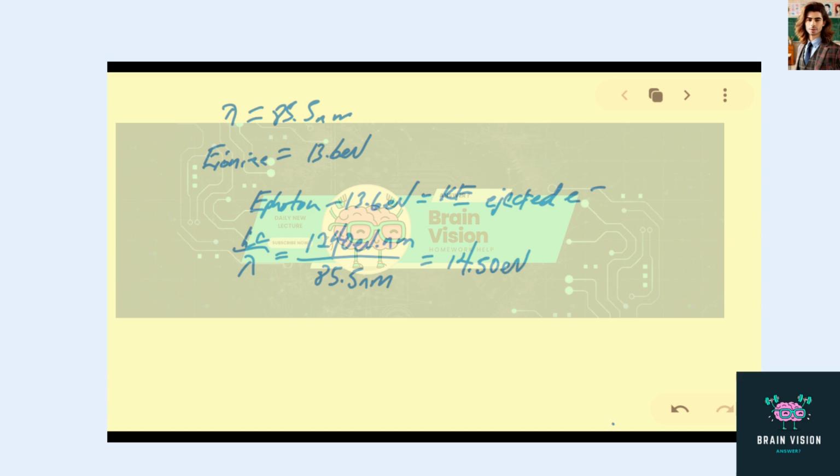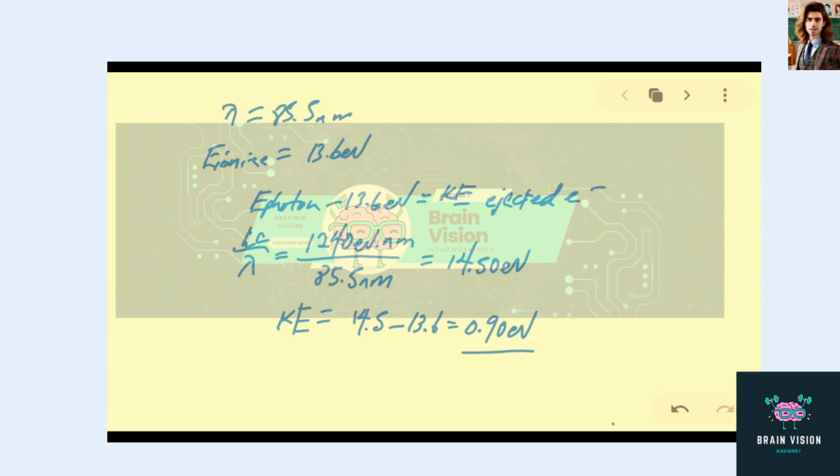And therefore the maximum kinetic energy of these electrons would be 14.5 minus 13.6, which is about 0.9 eV.